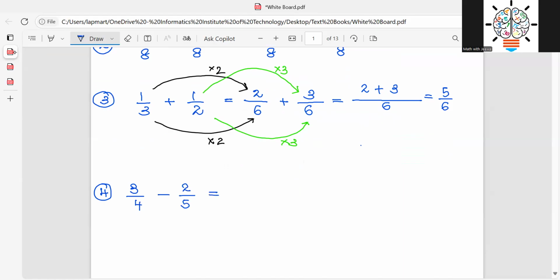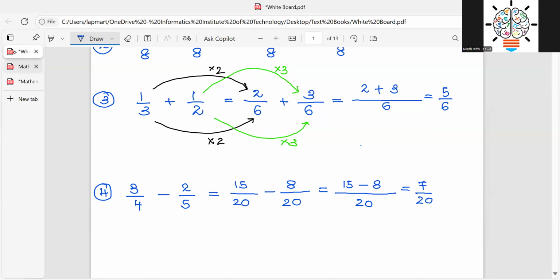Here you draw it like this and you write the LCM 20 here, right? 4 times 5 is 20. 3 times 5 is 15. 5 times 4 is 20. 2 times 4 is 8. So we have the same denominator. Then 15 minus 8, the answer is 7/20.